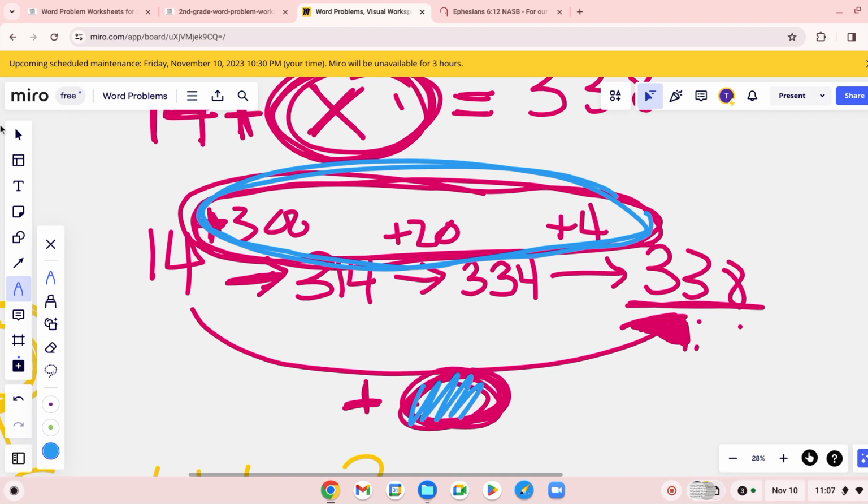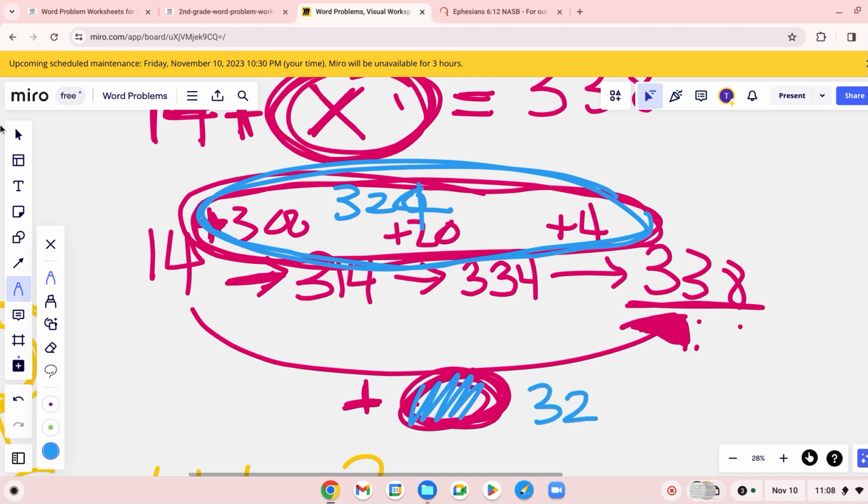Look at this and do it in your head. 300 plus 20 will give you what? 320. 320 and 4 is what? 324. Correct.